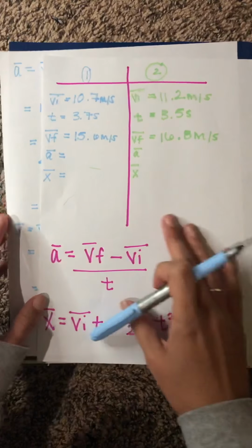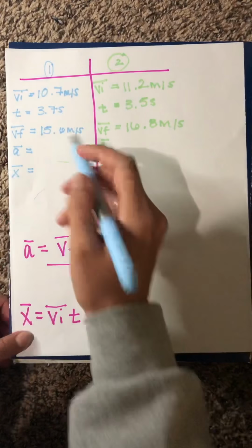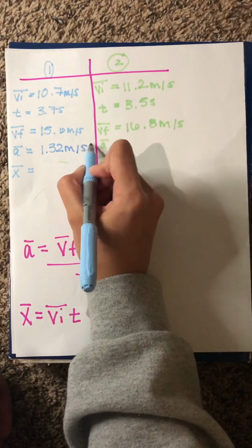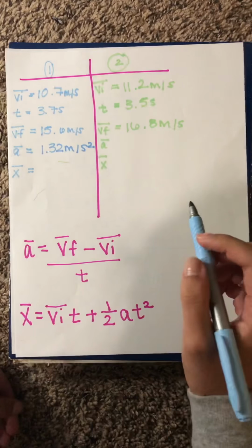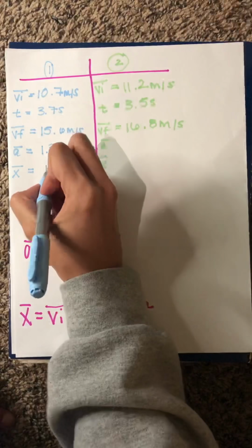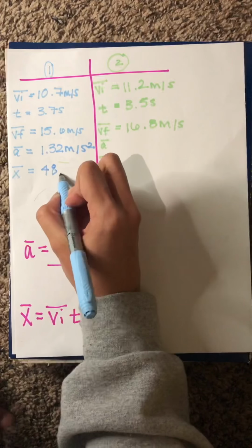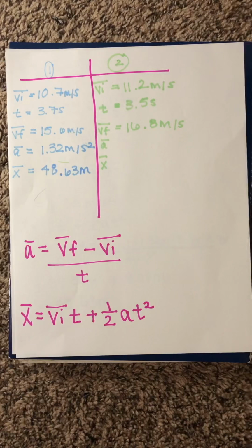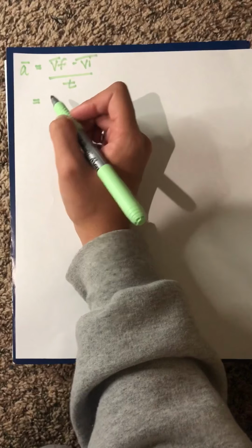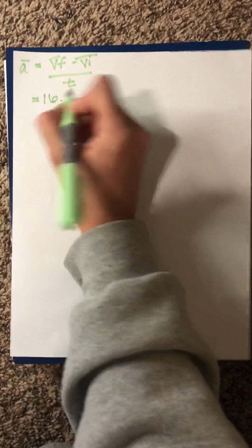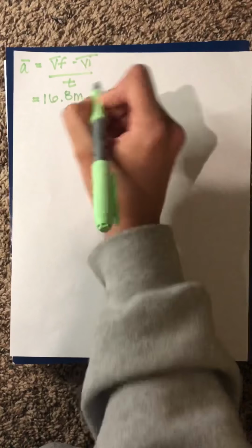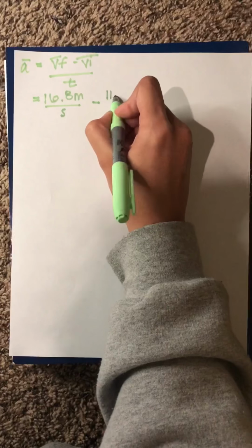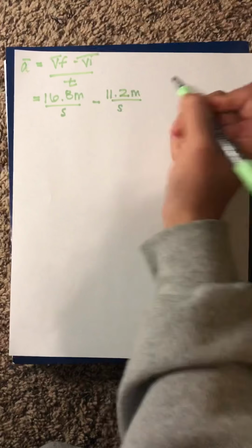So we know acceleration equals 1.32 meters per second squared. And we also know the displacement is 48.63 meters. We can now move on to go-kart number 2. We know go-kart number 2 had a final velocity of 16.8 meters per second, with an initial velocity of 11.2 meters per second.